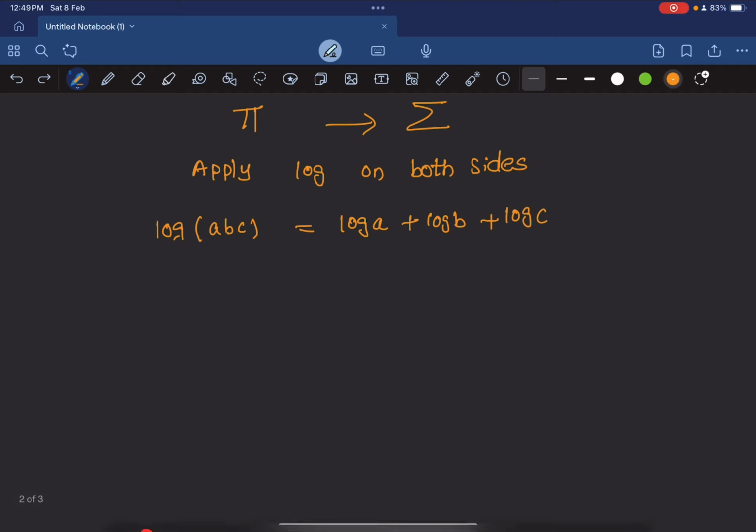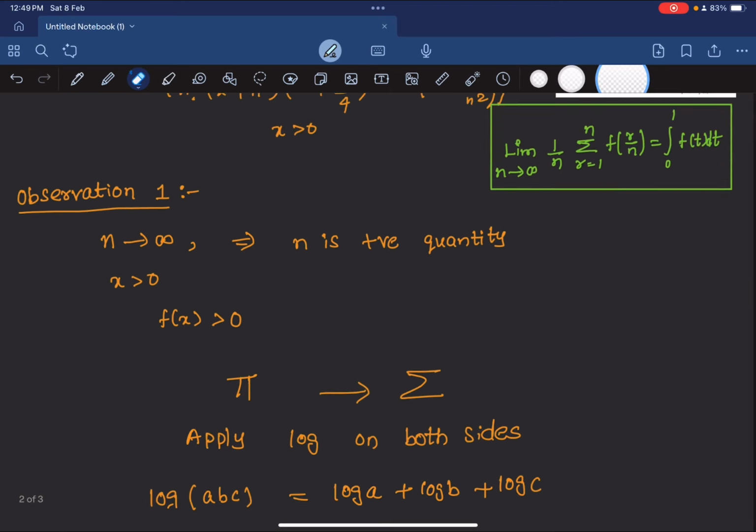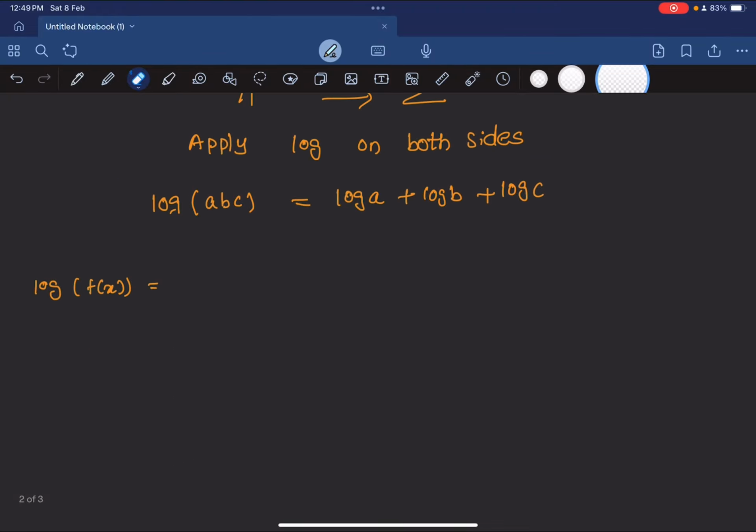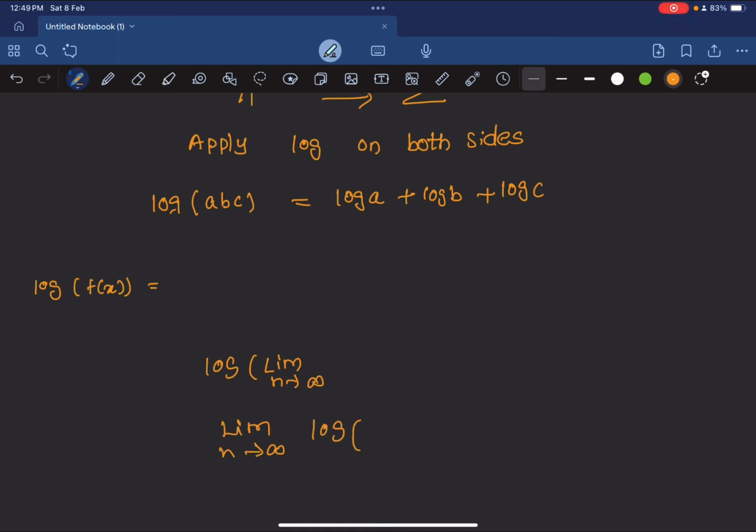Then we get log of f of x is equal to, so here, log of limit. Logarithm of limit n tends to infinity is the same as limit n tends to infinity of log of the function.